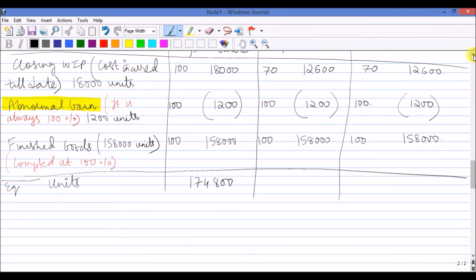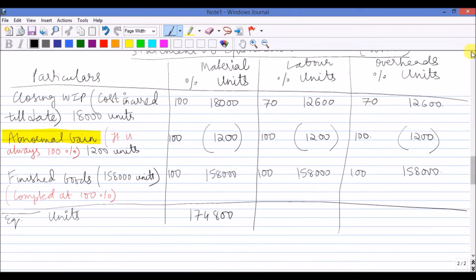Then 12,600 minus 1200 plus 1,58,000 is going to give me 169,400 units.